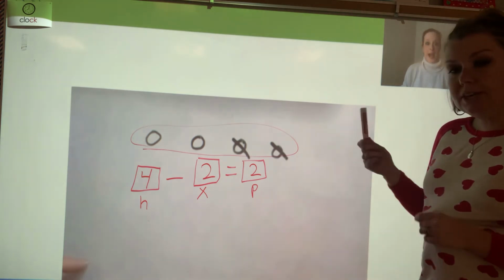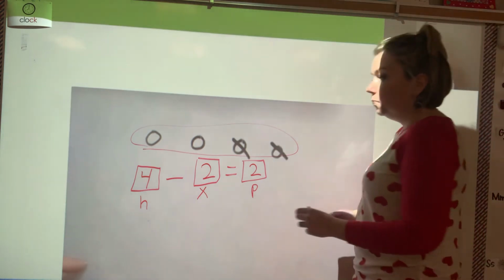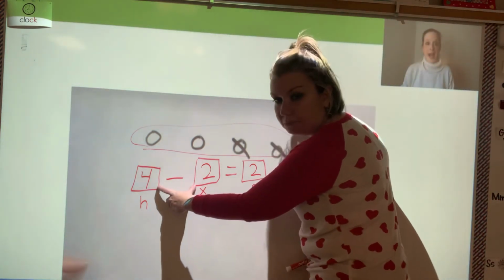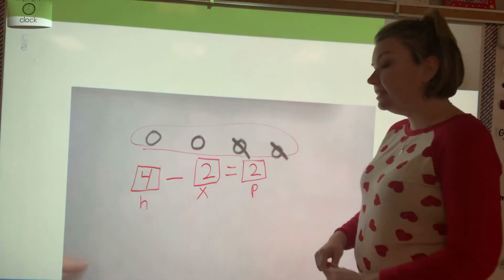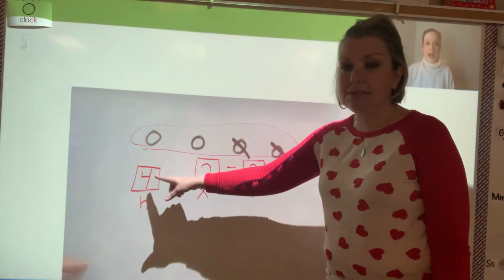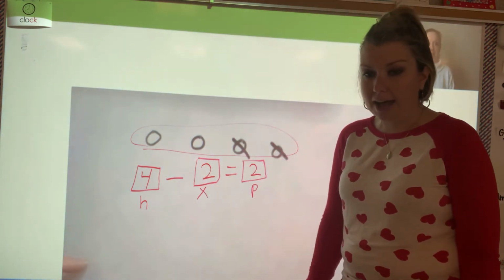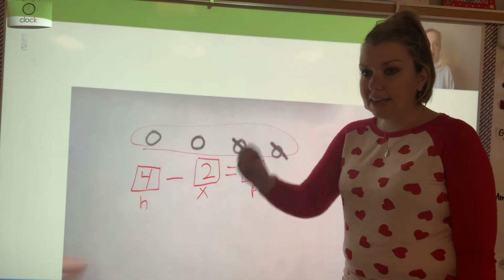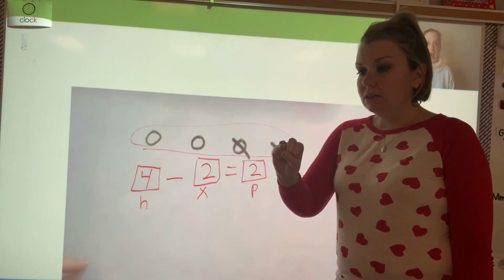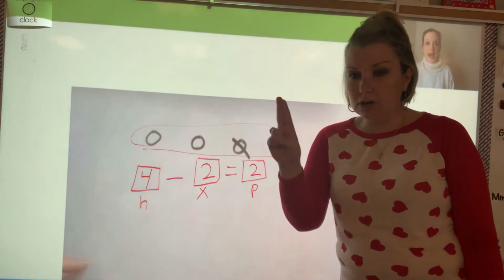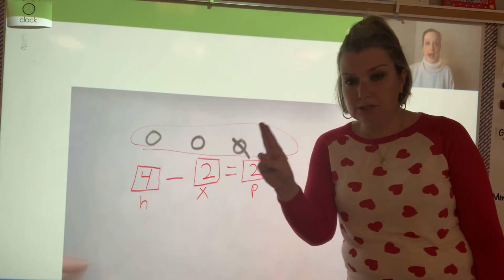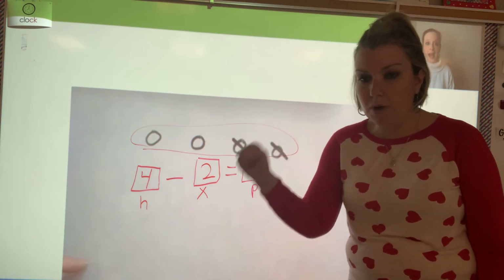Right. When we are subtracting, we can't switch these numbers because our biggest number always has to be first when we subtract. I can't take 4 away from 2. There's not enough fingers to take them away.